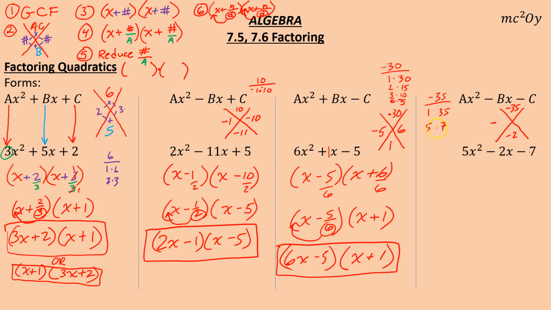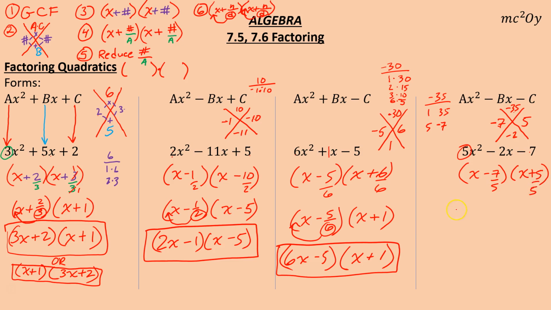One of them has to be negative. So since I have negative 2 down here, I have to have negative 7 by 5. Negative times positive is negative. Negative plus positive. Well, I have more negatives, so I have negative 2 there. So I have x minus 7. Oops. x plus 5. I then divide by a.